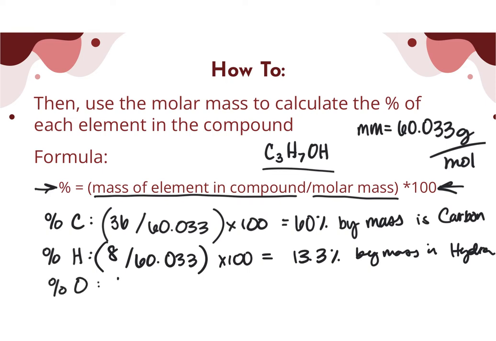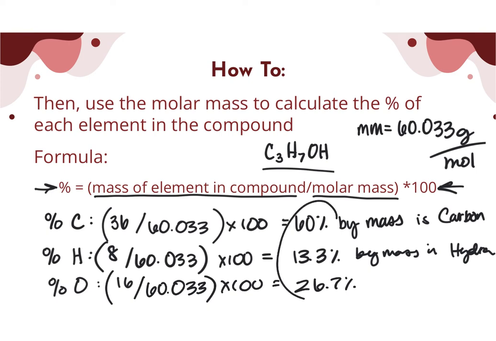I'm going to take the oxygen's mass, divide it by 60.033 and multiply that by 100, which is equal to 26.7%. All of these values should always equal 100% altogether. If they didn't, you might have a math error somewhere that we need to find.